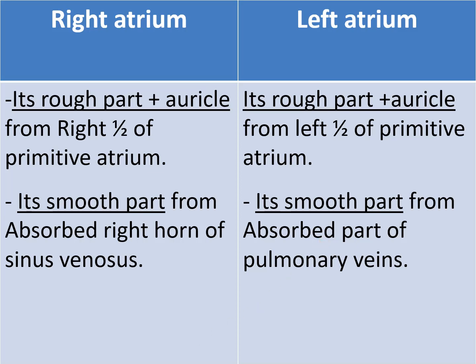Why absorbed pulmonary veins? If you look at the pulmonary arteries, on the right side we have the right ventricle. It gives us one pulmonary artery which divides into right and left.